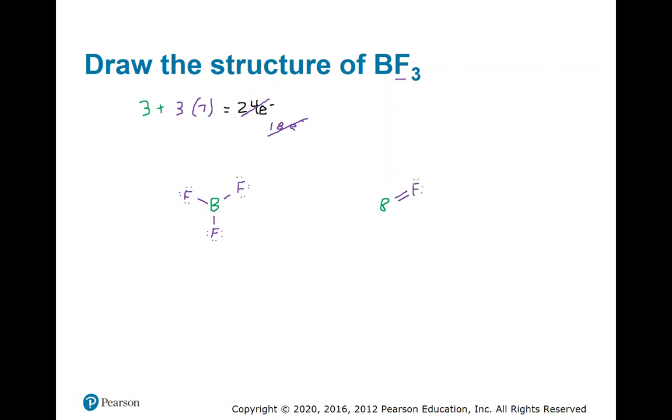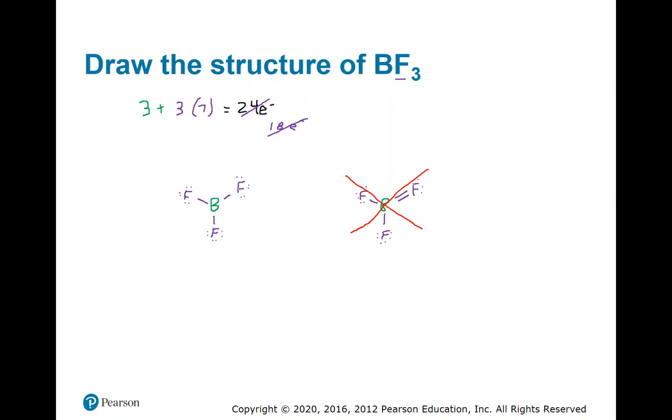So we'd have 2 lone pairs left there, and then two single bonded fluorines with 3 lone pairs each. So that is what you would do for a lot of compounds, but if you have 6 electrons around boron, that's actually okay. So in particular, with this example, this is not the right answer.